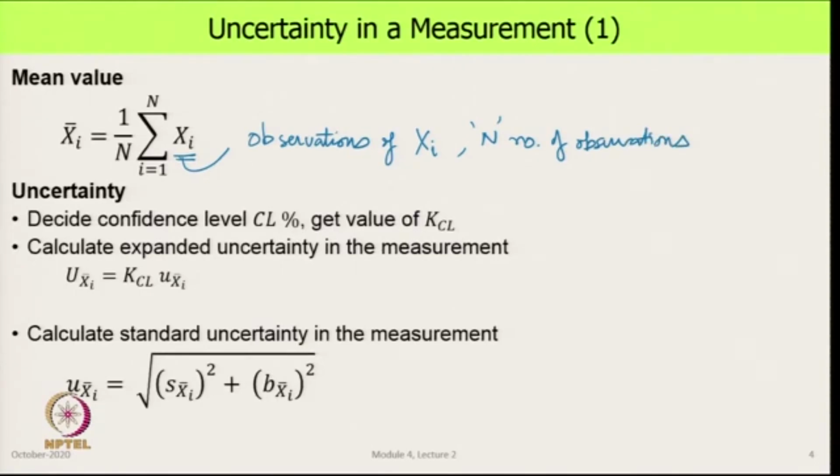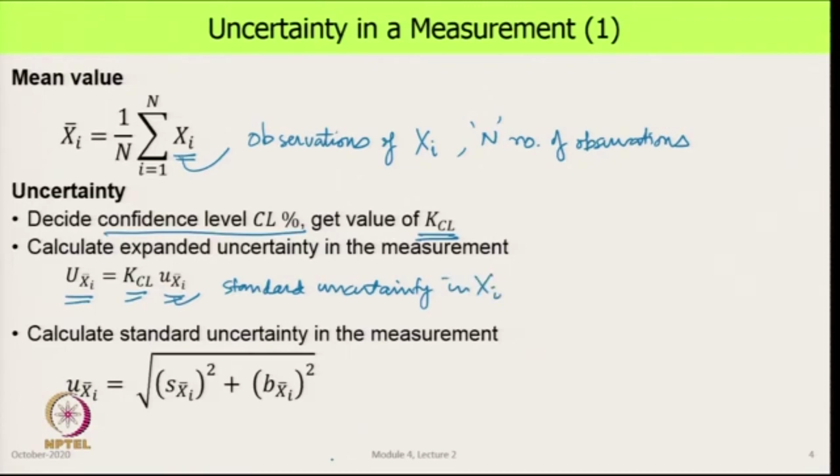For calculating the uncertainty, we have to decide beforehand at what confidence level we want to state the uncertainty, and from tables we get the value of the constant K_CL. Then we go backwards and say that the expanded uncertainty in each measurand is K_CL times the standard uncertainty in x_i.